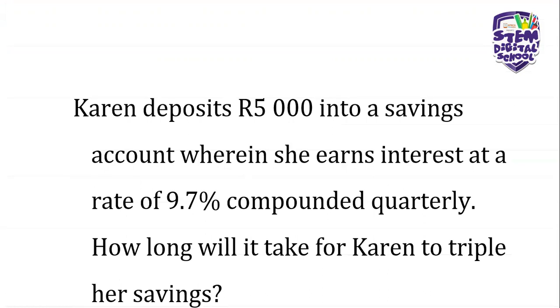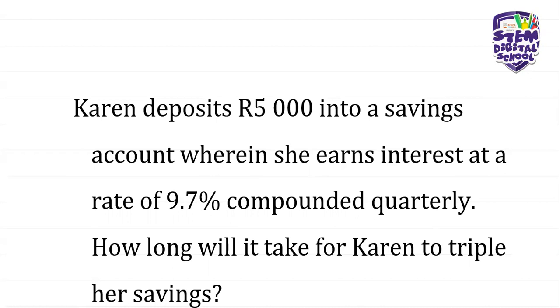The last question that I want us to look at is when a deposit is made into a savings account, wherein interest is also earned and the interest is compounded quarterly. I'm taking you back to the number of years.